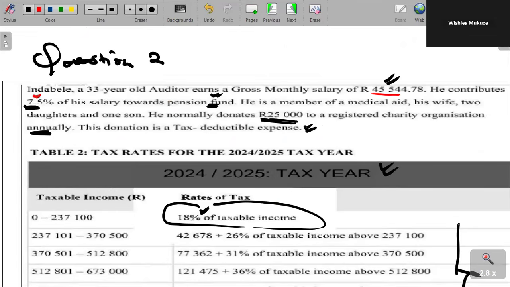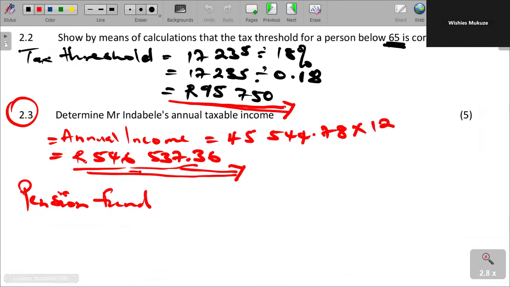He contributes 7.5% of his salary towards the pension fund. So we need to calculate that, to say the pension fund is equal to 7.5% of the total amount, which is multiplied by what?